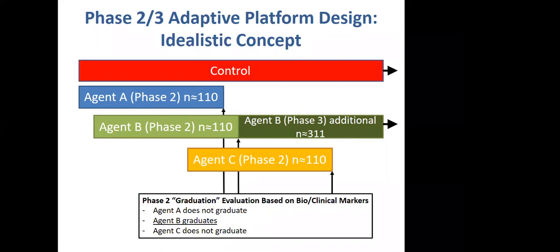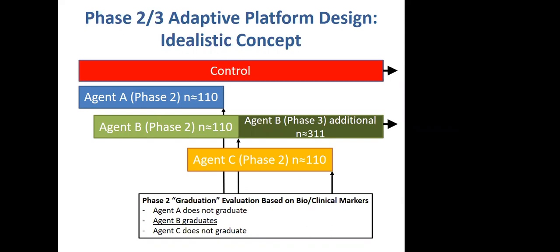The other key element that I'm going to talk about today is this idea of trying to transition from a phase 2 component of the study to a phase 3. And what's shown here is a couple of agents, A and C, where they failed to graduate in some sense to phase 3.